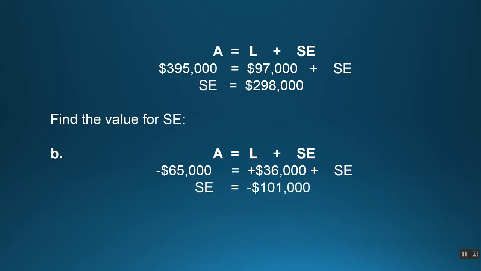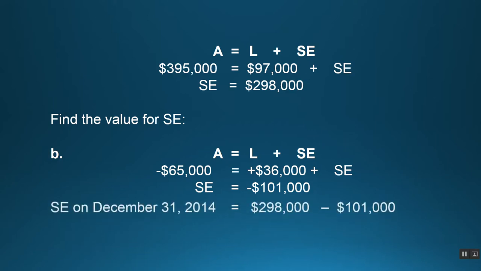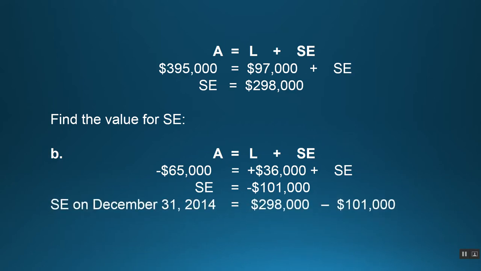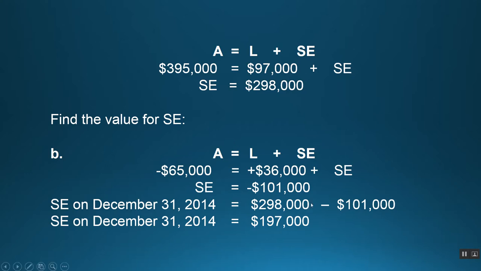So it would be less $101,000. So when we look at it that way, we find that our stockholders' equity ends up being $197,000 once we come up with the amount that it will decrease by, which is $101,000, and we just subtract it from the value that we had previously, if you can see there on the screen.